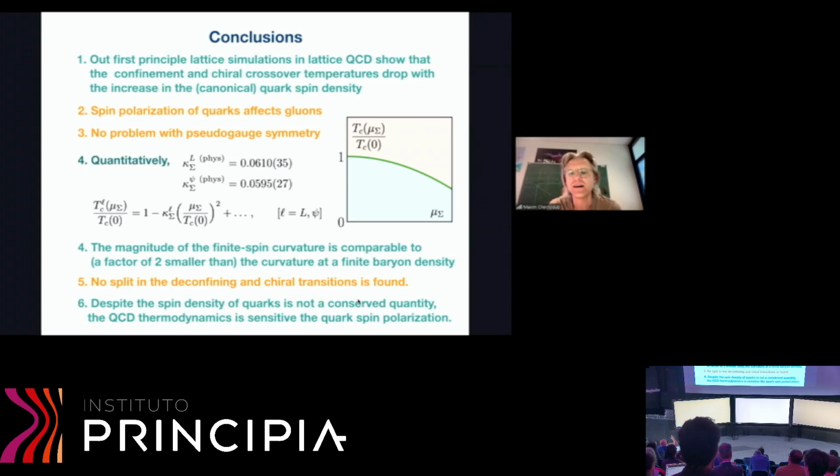Angular vorticity is neither extensive nor intensive, and also causality forbids angular momentum and spin to be perfectly in equilibrium all the time in a dynamical system, unless it's in global equilibrium. This is a result that you can derive. So my question is, if you compare your earlier rotating on the lattice results with spin density results, so that angular momentum is the same, how different are they?